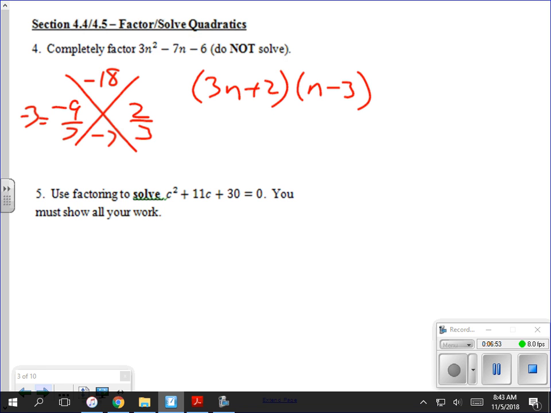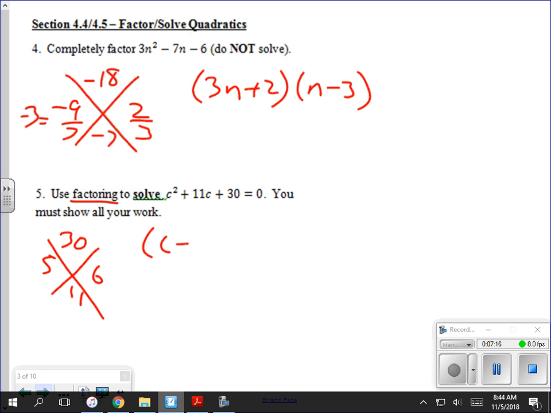Number 5, use factoring to solve. Ooh, I must solve this one, and I must use factoring. If you do something other than factoring, you will get a 0 for this. I would go ahead and set it up if you're comfortable. 30 and 11: two numbers multiply to give 30 and add to 11, 5 and 6.